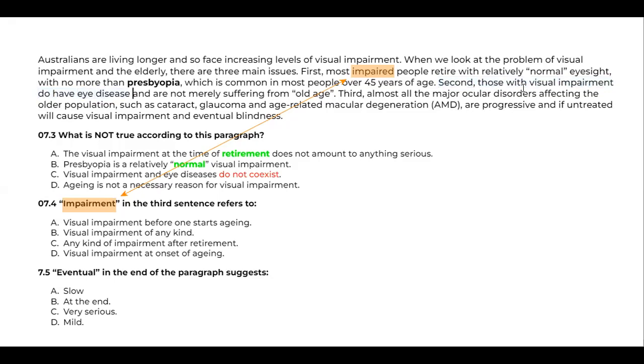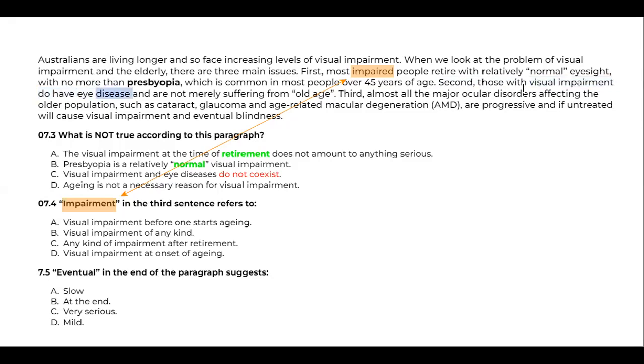Those who are nurses are eligible to take OET. Those who have passed OET can go ahead with the CBT. So at the same time, you cannot do OET and CBT at the same time. So that is coexisting, existing together. But here, visual impairment do have eye disease.